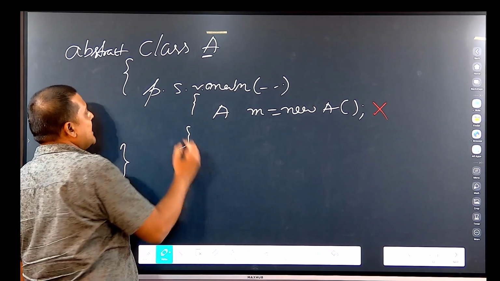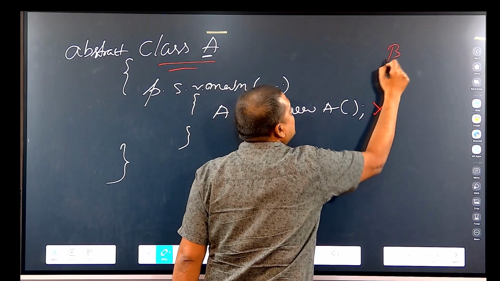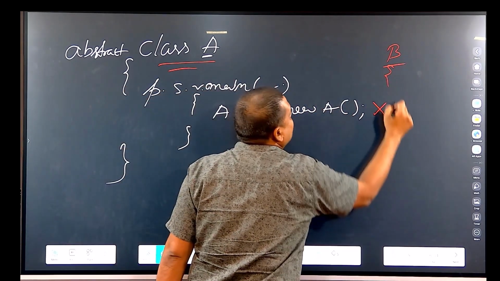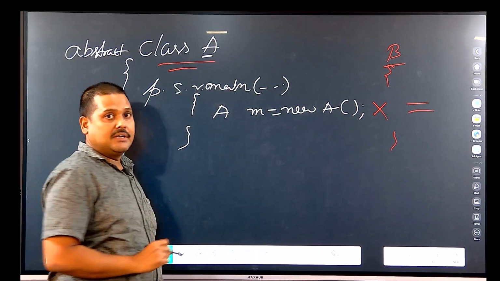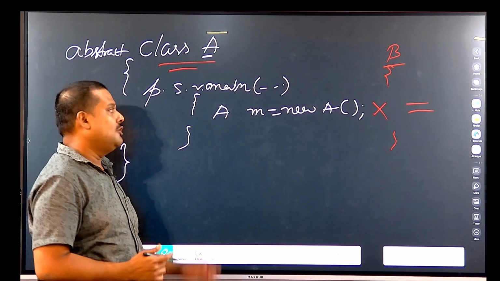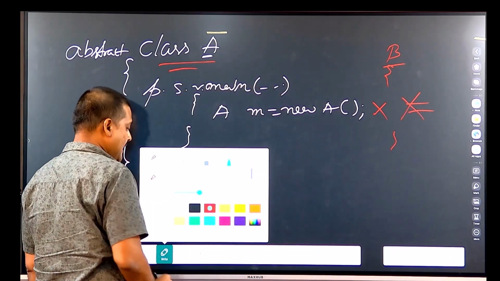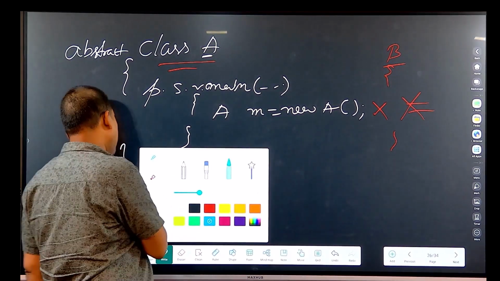If another class, like class B or class C, with public static void main, tries to instantiate it, we can't do it. So how can this class be accessed? Yes, it can definitely be accessed with the help of extending.